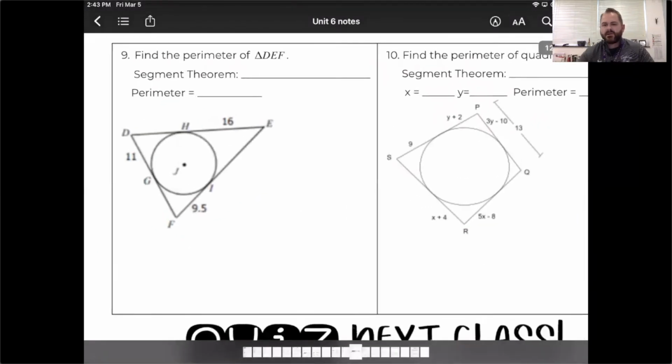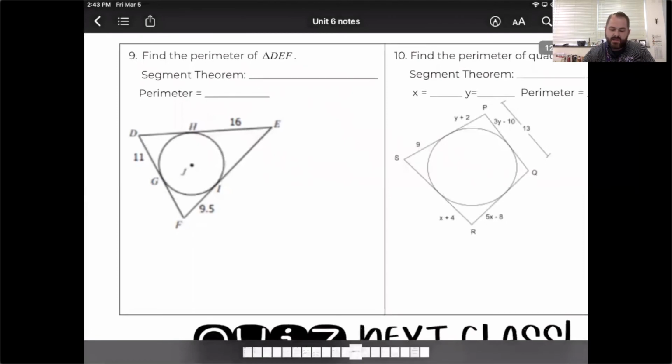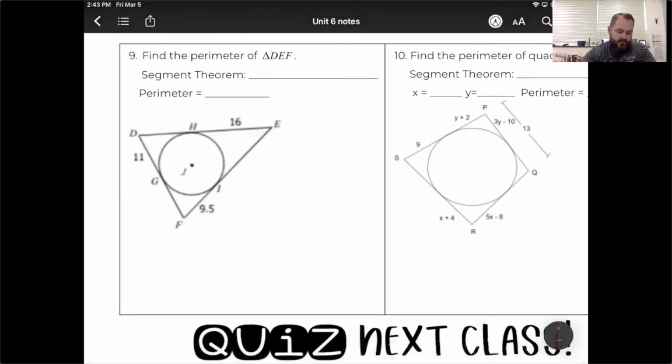And these look a little different. On these, we're going to use a segment theorem again, but there's more than one thing going on here. But what you notice is all of these lines that make up these shapes are tangents, okay? So each tangent intersects outside the circle.